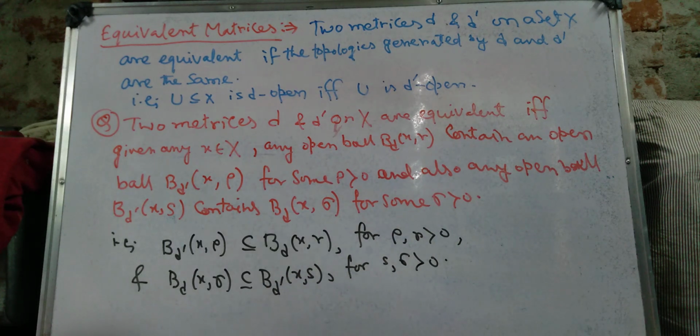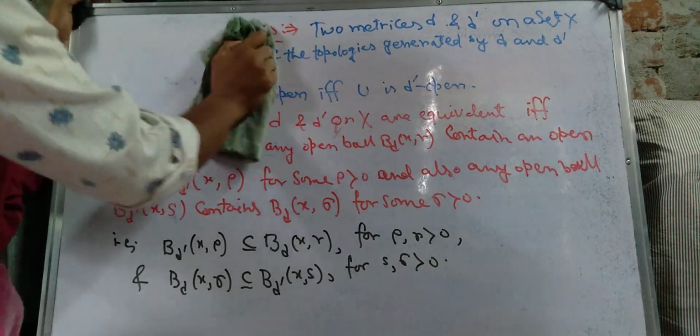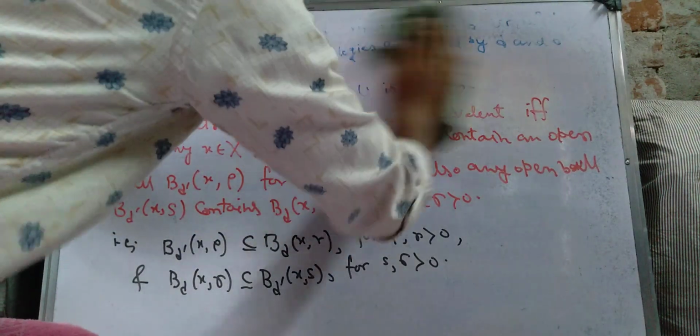Okay, then we erase all portions. Obviously, we know about equivalent metrics.